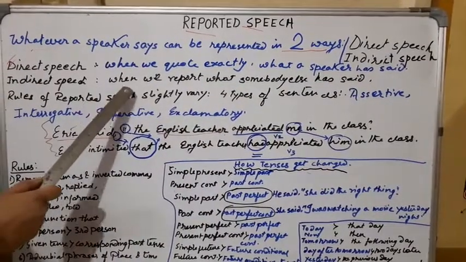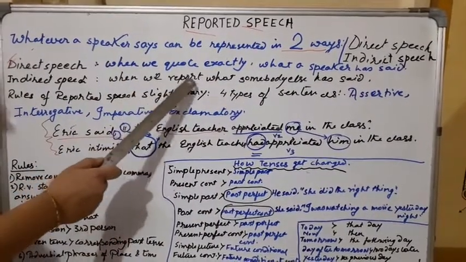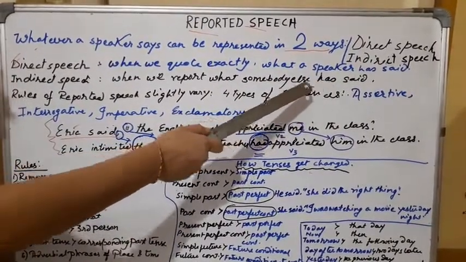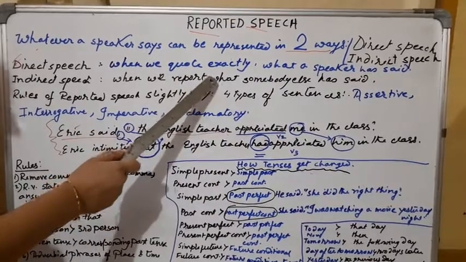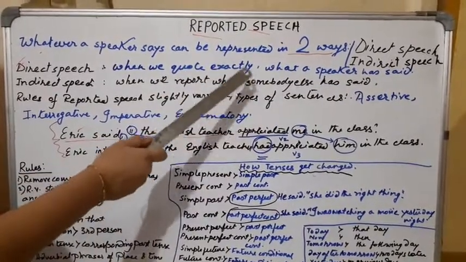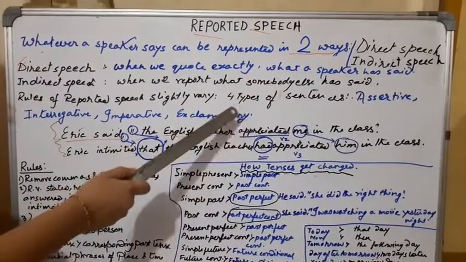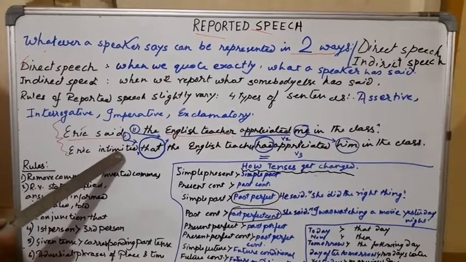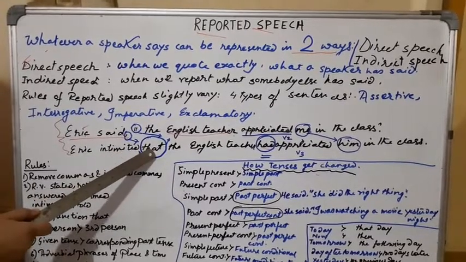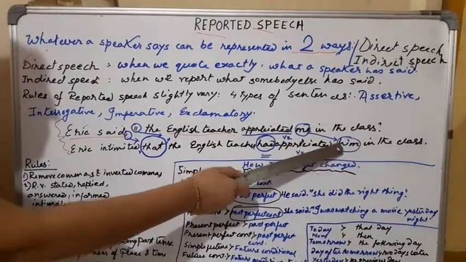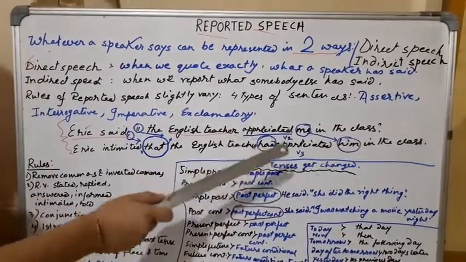Indirect speech means when the third person reports what somebody else has said, right? So when we are reporting what third person has said, or the third person is reporting what somebody else has said, right? So what will be the mode? You see, Eric intimated that the English teacher had appreciated him in the class, right?